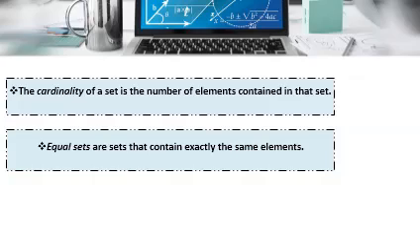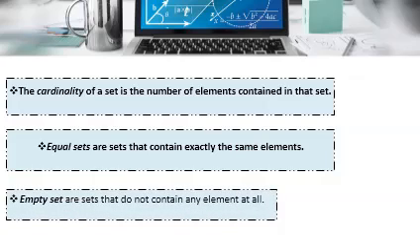Equal sets are sets that contain exactly the same elements. Empty sets, as we learned before, are sets that do not contain any element at all, and the empty set is represented by phi.